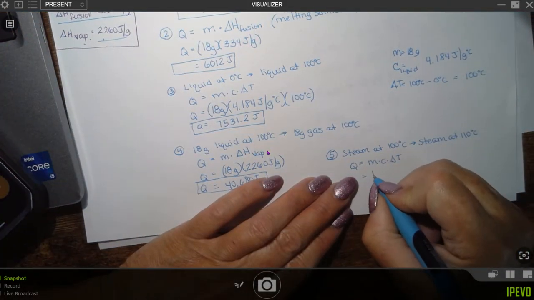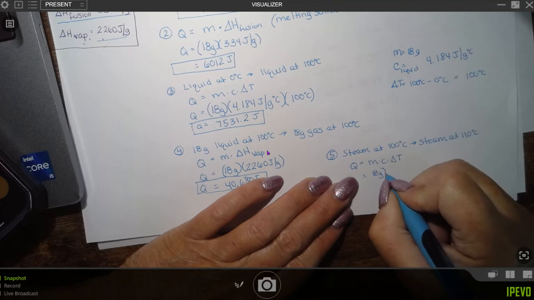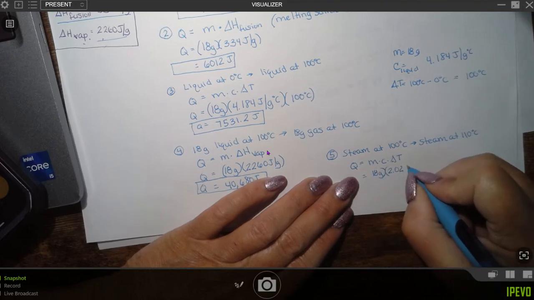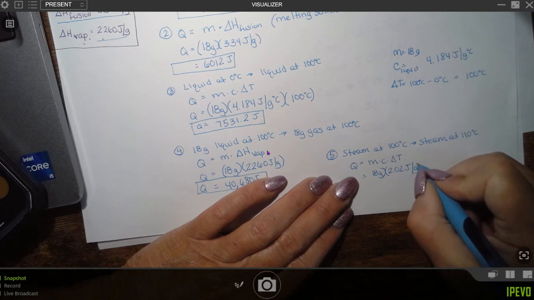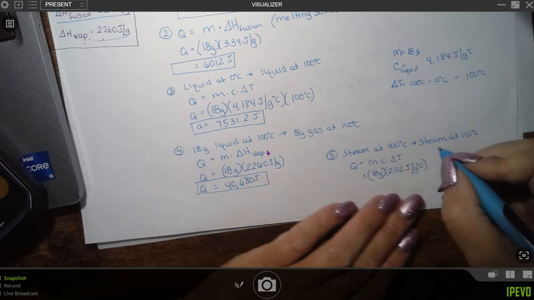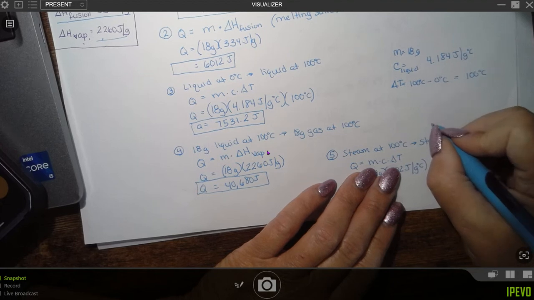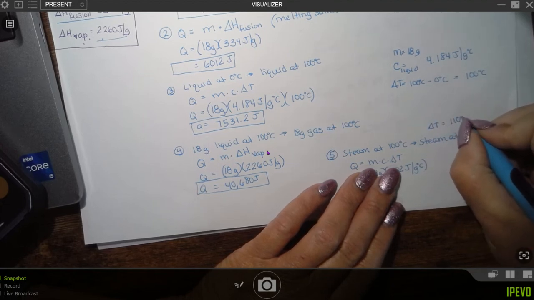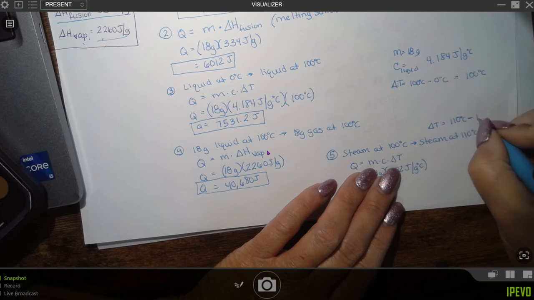So 18 grams times, we said that was 2.02 joules per gram degree Celsius. And then delta T is the final temperature of 110 degrees Celsius minus the initial temperature of 100 degrees Celsius.